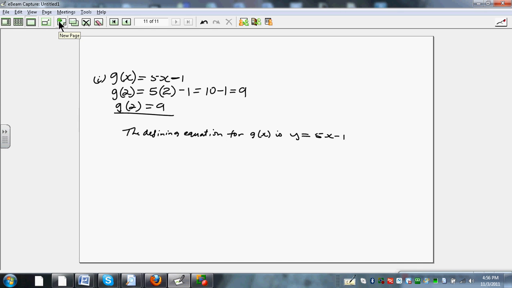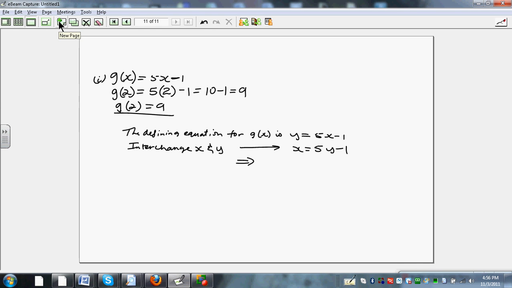The next step we do is we have to do the interchanging part. So we interchange x and y. So what happens when you interchange x and y? You get x is equal to 5y minus 1. The third step is to make y the subject of the formula.